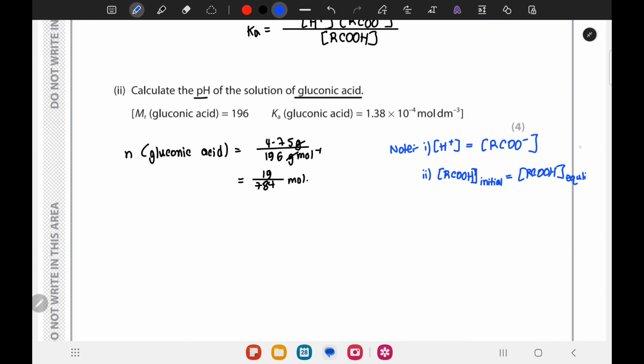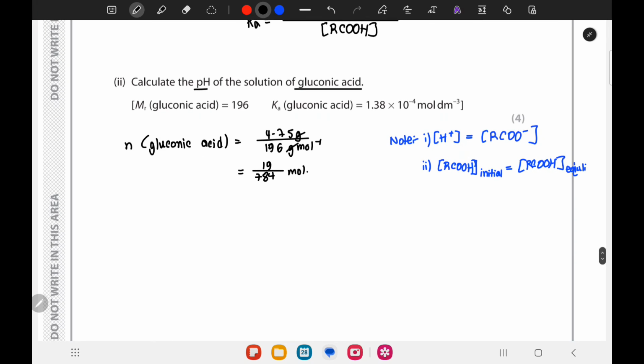So the concentration of the carboxylic acid, gluconic acid, initially and at equilibrium is the same. We take these two assumptions since gluconic acid is a weak acid.